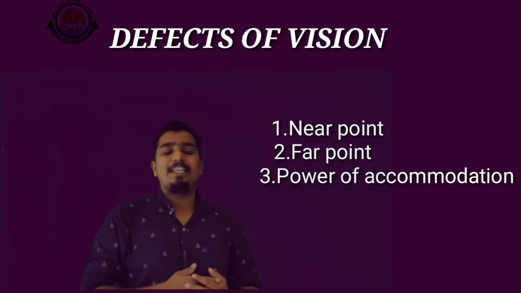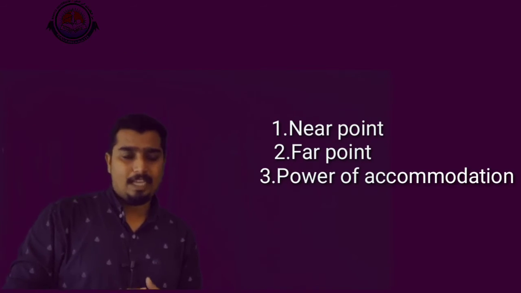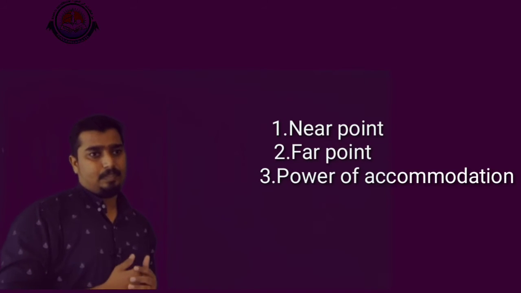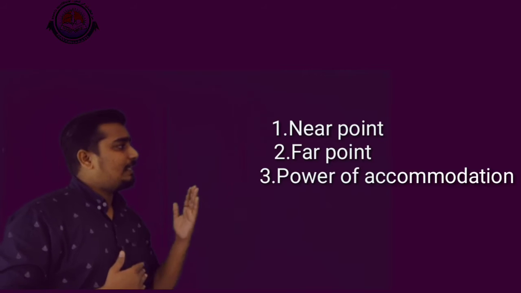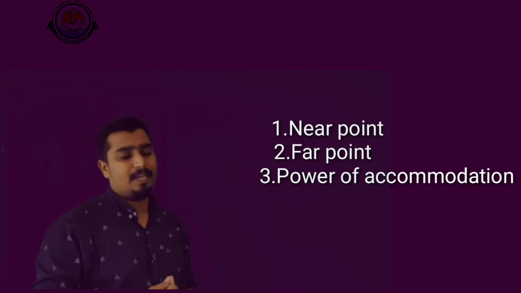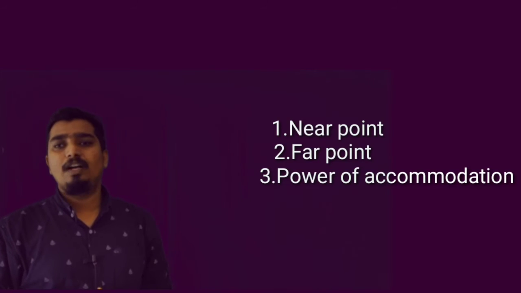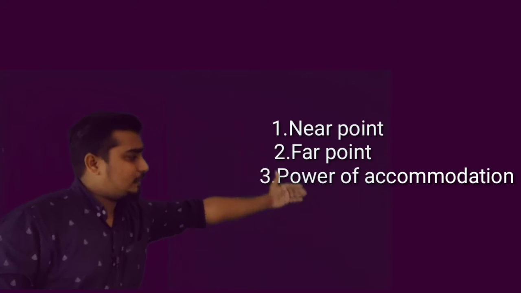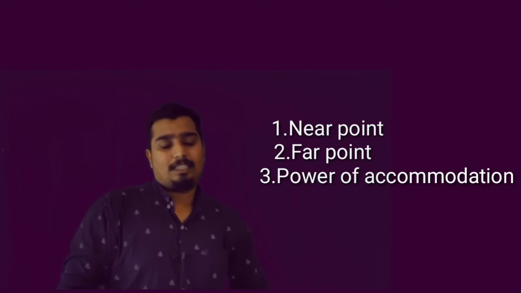The first one is near point, the second one is far point, and the third one is power of accommodation. After explaining these three terms, we will discuss the defects of vision.